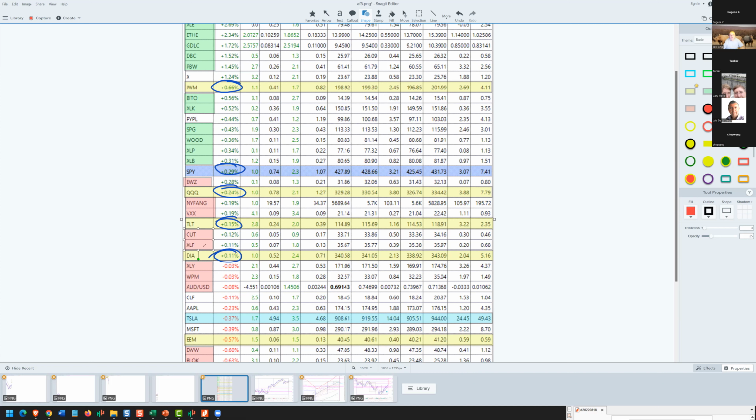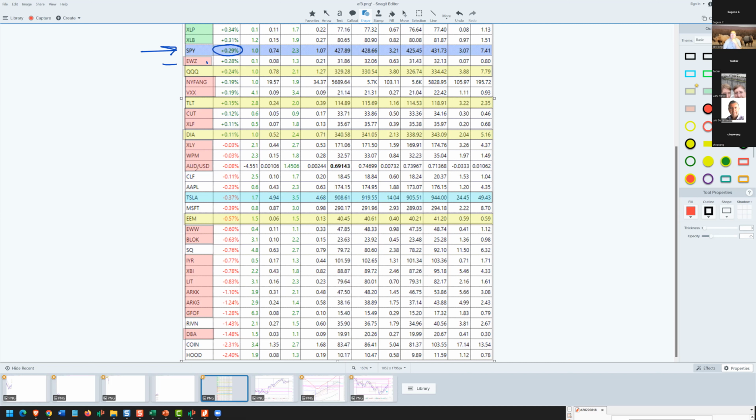These would be the ones that I'd be looking to exploit if they started to fail. So here's again our S&P benchmark at 0.29. Brazil 0.28. Here's our plus and minus line. FANGs and VIX 0.19. Lumber and finance 0.1.